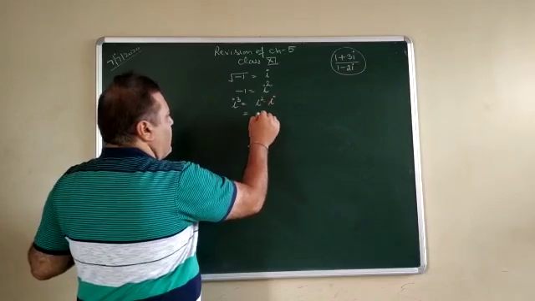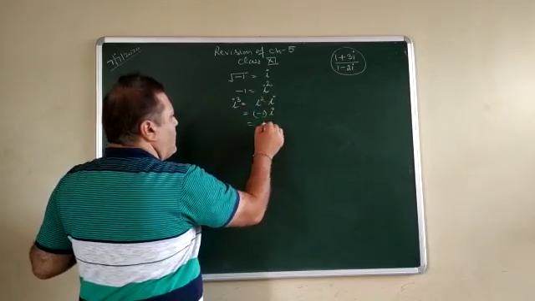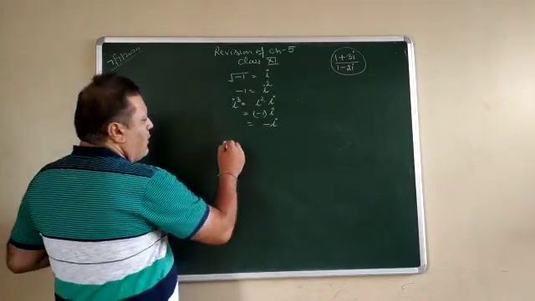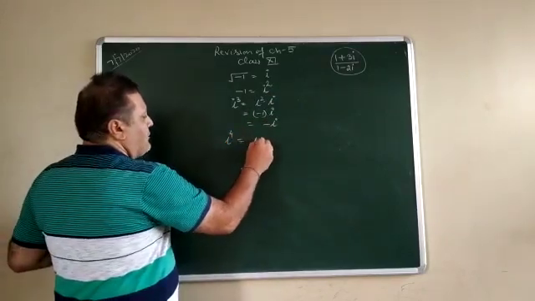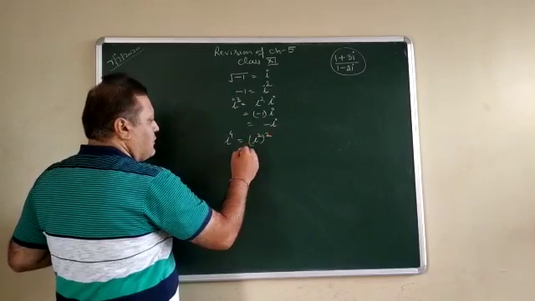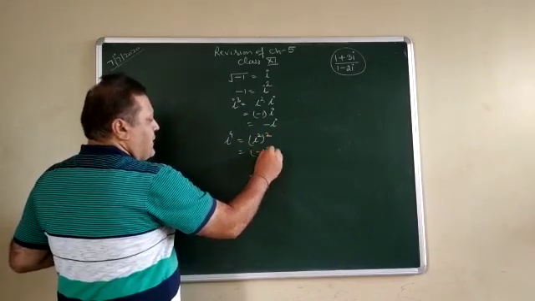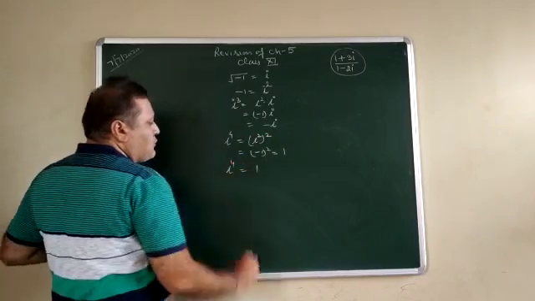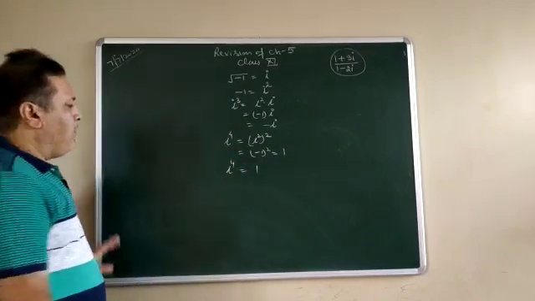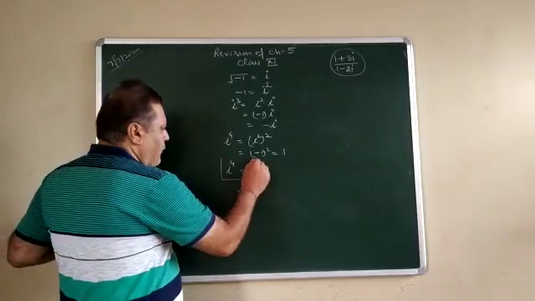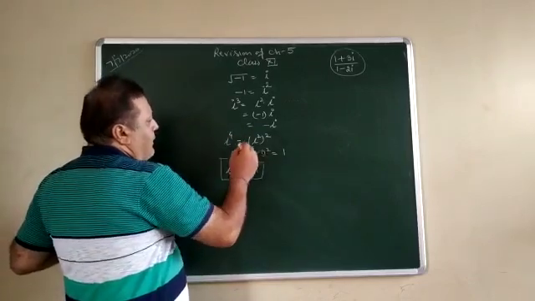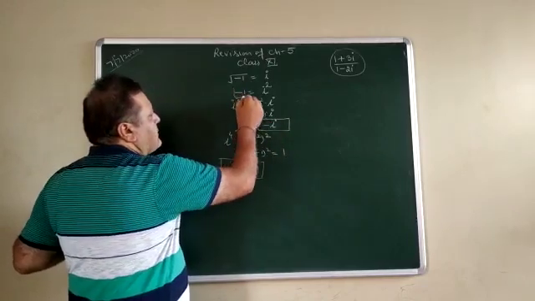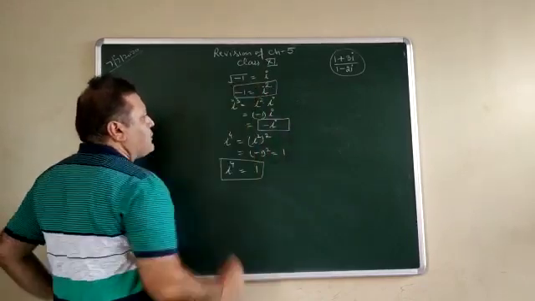Iota square is minus 1, into iota, that is equal to minus iota. Now iota 4 is equal to iota square whole square, which is minus 1 whole square, that is equal to 1. So iota 4 is equal to 1. So we have the following result: iota 4 is equal to 1, iota cube is equal to minus iota, and iota square is equal to minus 1.